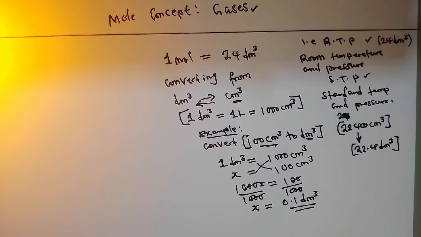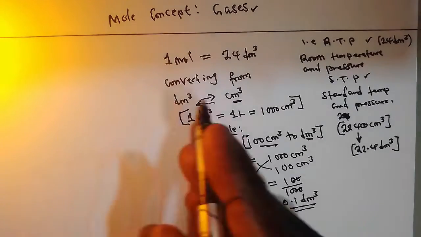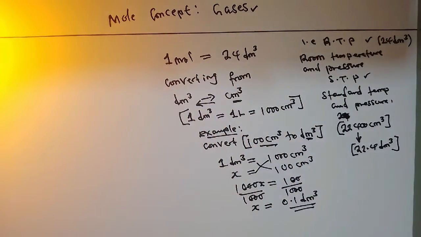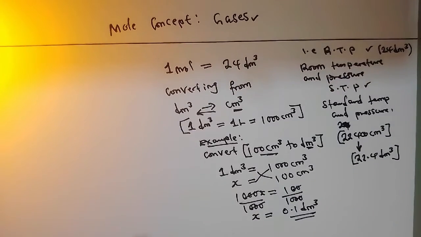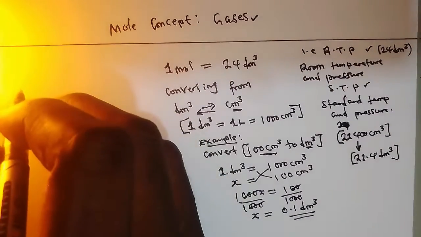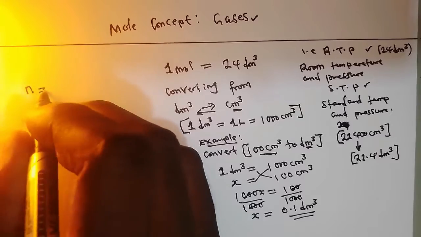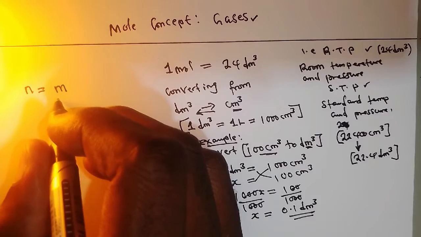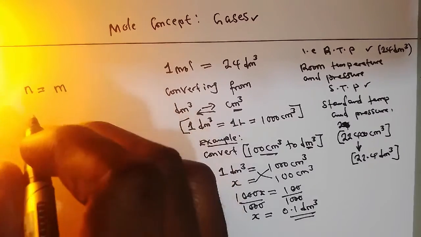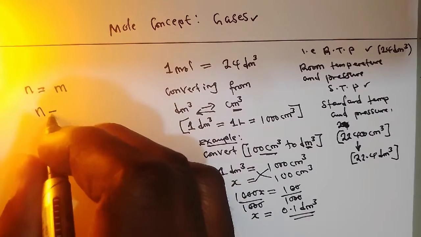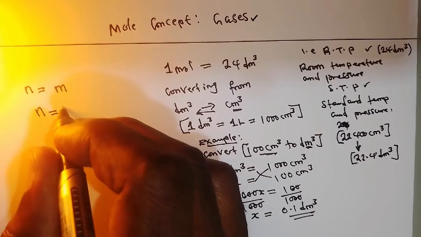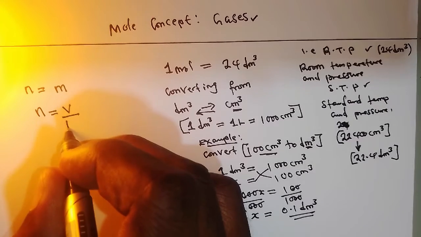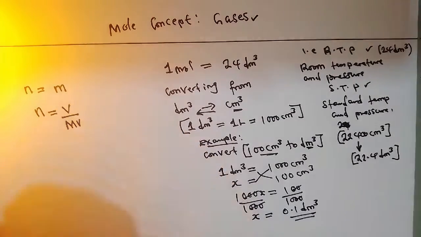Now, what are we looking at then? When we are talking about gases, the formula is the same: the number of moles is equal to, instead of the mass, the volume over the molar volume, MV.